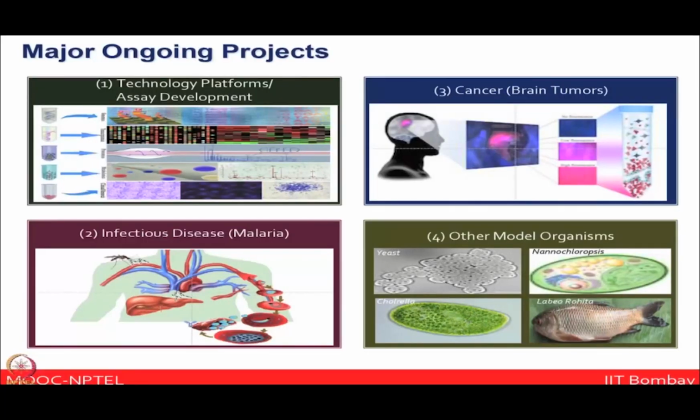Just talking about various types of ongoing projects, especially in my laboratory at IIT Bombay, we look at some of the technology platforms or assay development as one of the areas of interest. A major group of the lab works on infectious disease, especially malaria and dengue, and tries to look at different types of diagnostic biomarkers or at the prognosis, how a disease transforms from the non-severe to the severe form, and how using proteomics one could try to understand that.